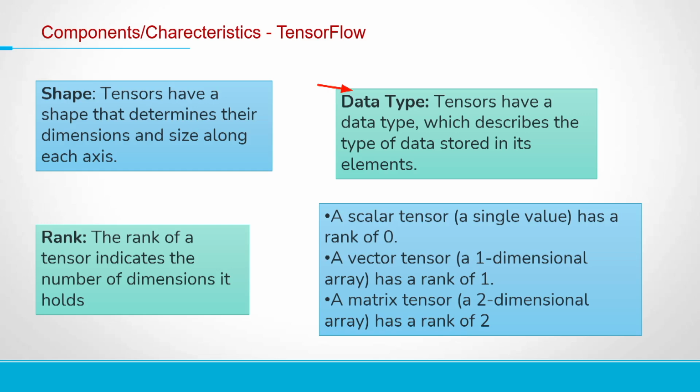The data type describes the type of data that is stored in the elements. The rank of a tensor indicates the number of dimensions it holds. For example, if you have a scalar value, the rank of that tensor is 0. If we have a one dimensional array, the rank is 1, and a matrix, which is a two dimensional array, has a rank of 2.